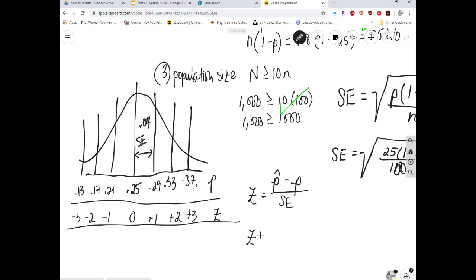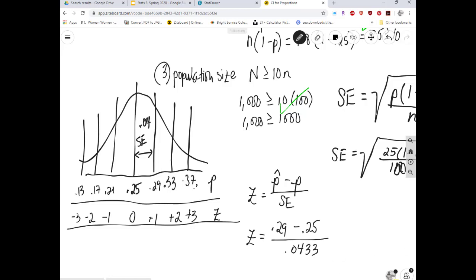So what probability am I interested in? I'm interested in 29%. And from that, I'm going to subtract 25. And then I'm going to divide the whole thing by 0.04.